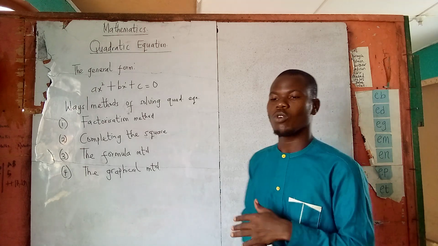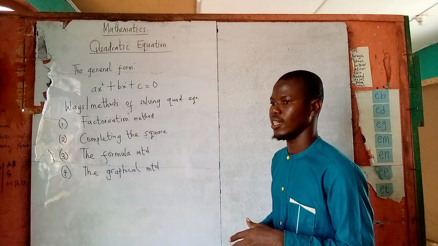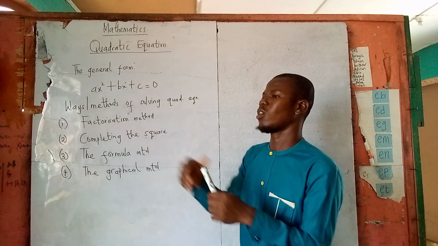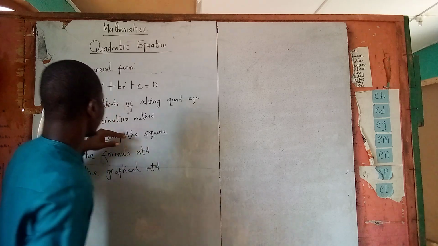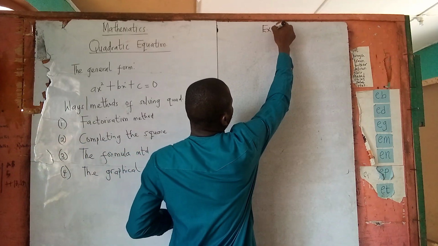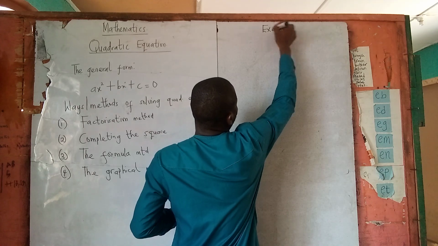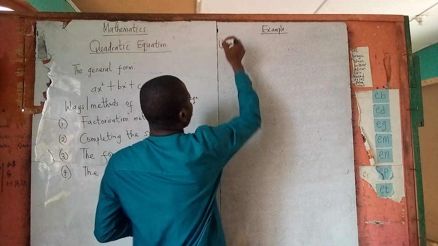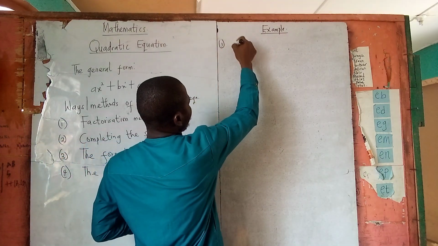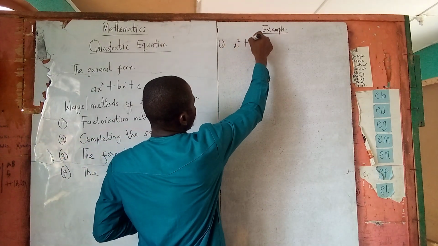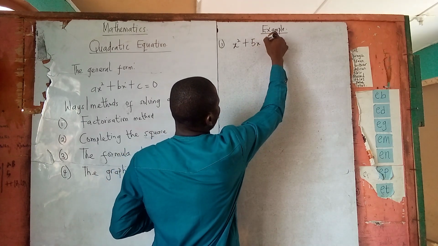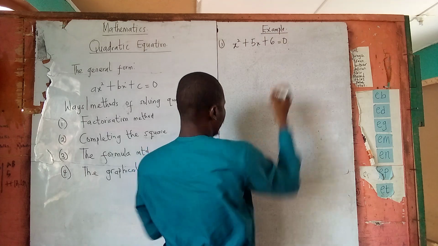So we will take one example and look it out. We are going to start with the factorization method. So let's take an example. Let's say we have x squared plus 5x plus 6 equals 0.